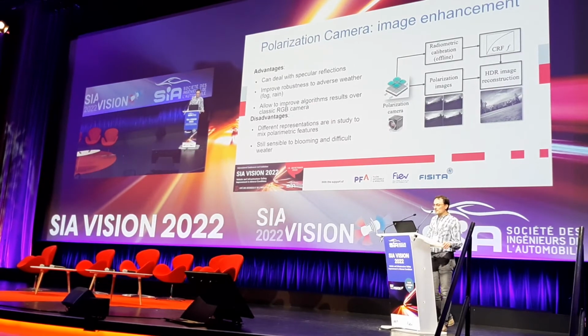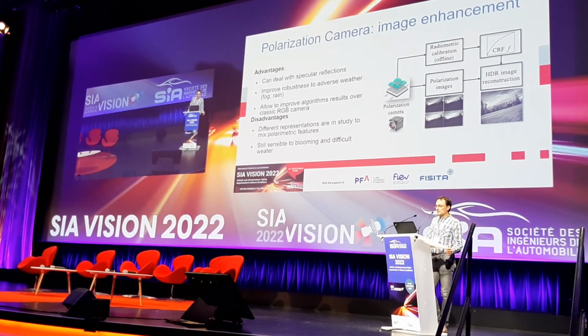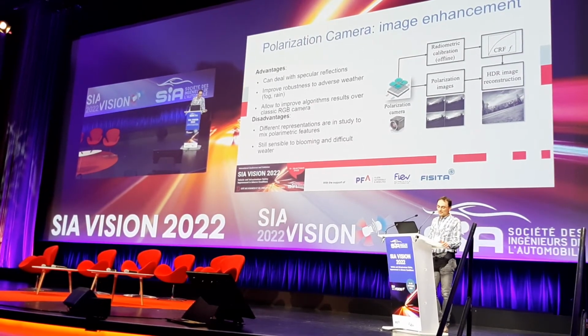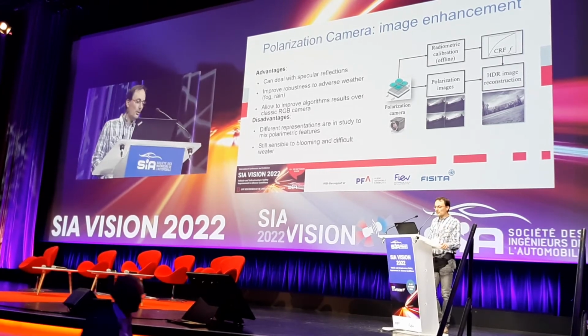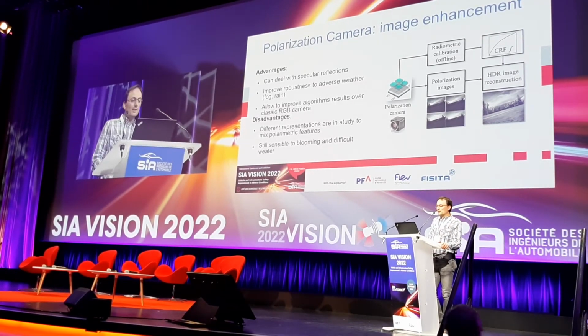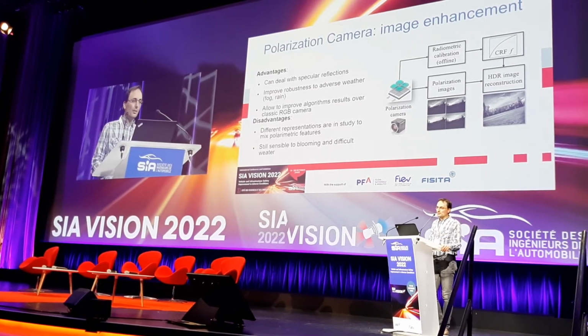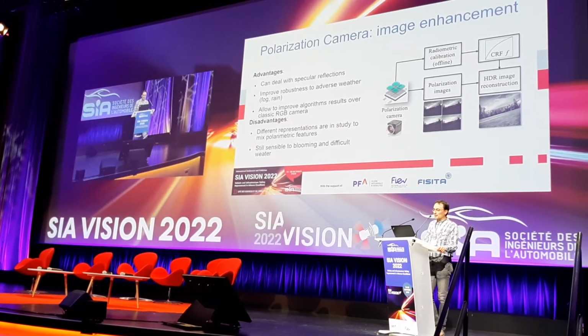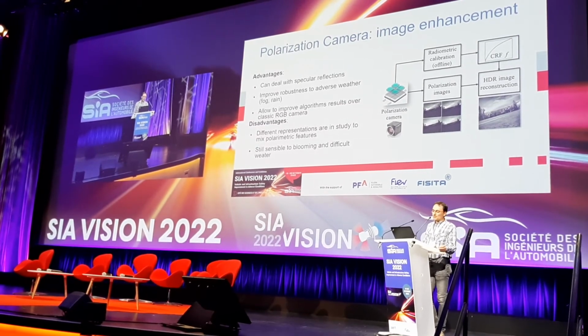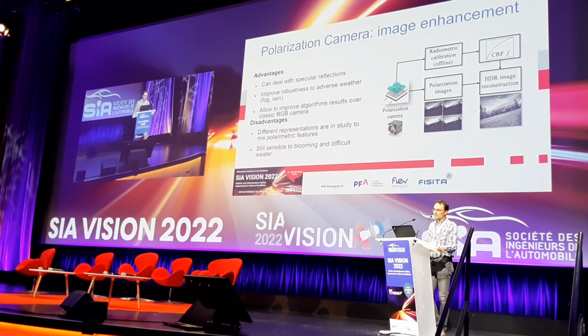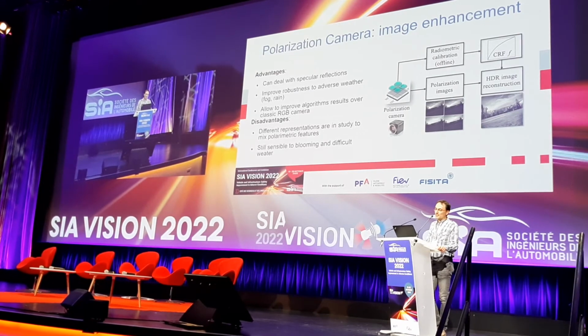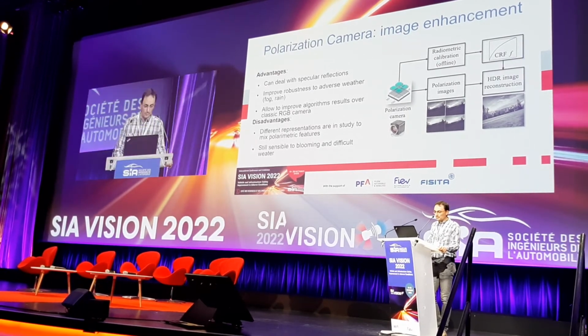Currently, this is not the most common sensor, so there is not so much work about it. We can see it currently as an enhancement for standard vision. For example, here we can reconstruct a high dynamic range image thanks to the polarized characteristics.